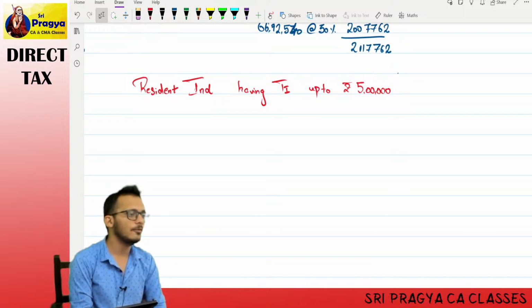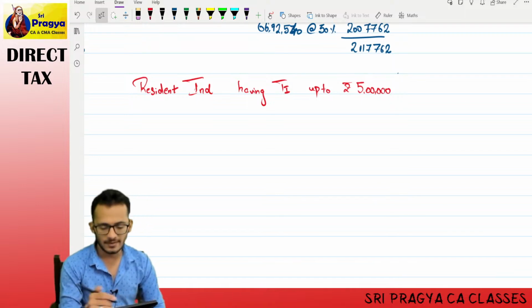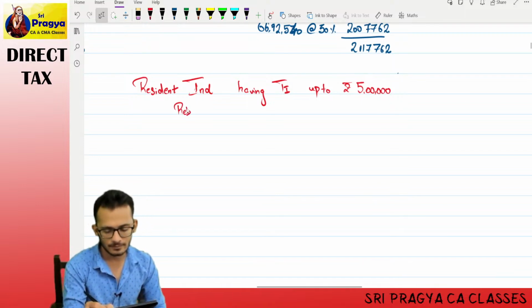Income tax comes and says if you are found to be a resident individual having total income up to 5 lakh rupees, you will now get a rebate.